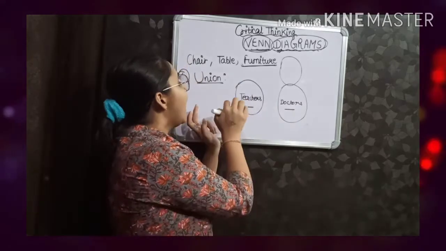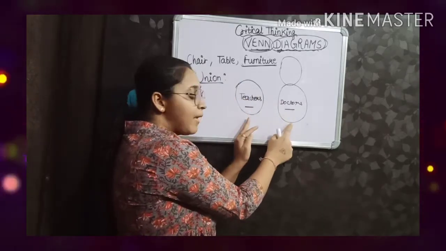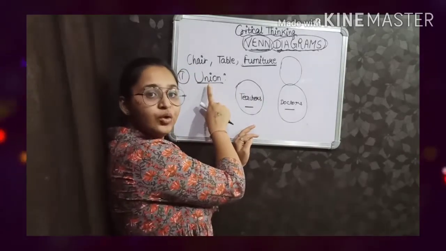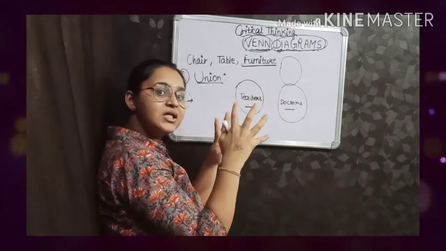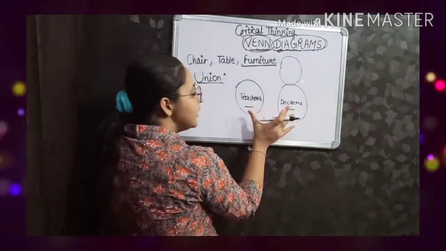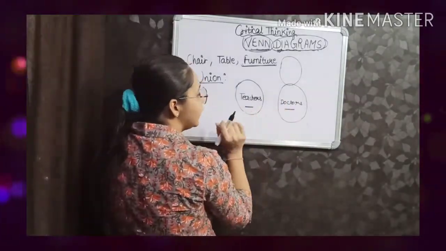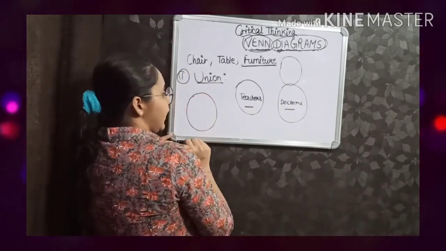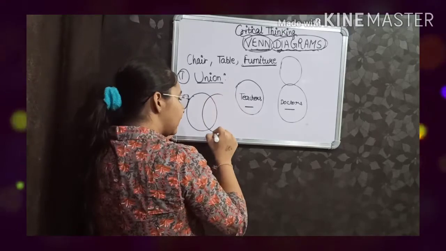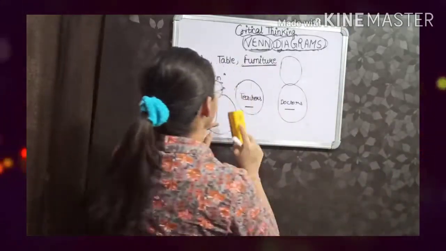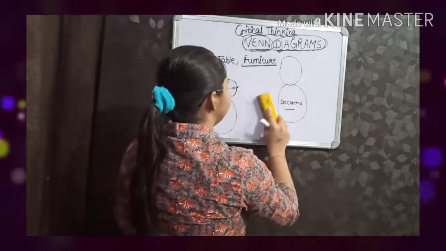Now I have to combine these two groups as a union. Union means we are combining these two groups. We are representing this union as, first I will take the teachers group and then I will take the doctors group.